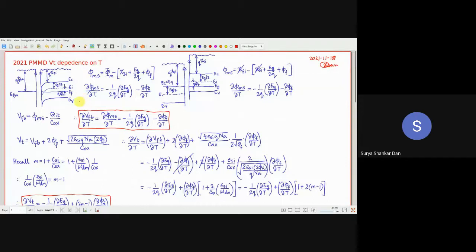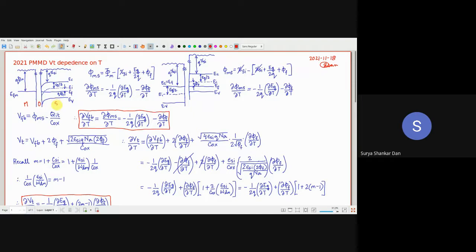In the course of today's lecture we are going to revisit a couple of things which we have already studied earlier. For instance, this is the typical metal oxide semiconductor junction, the MOS structure. This is the metal, this is the oxide.